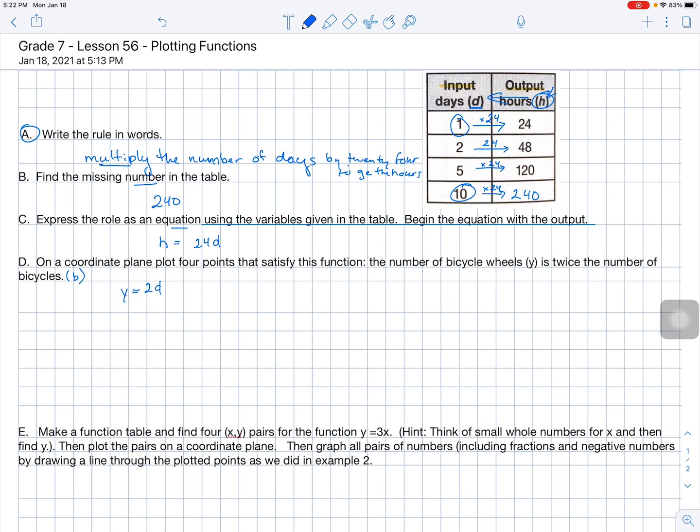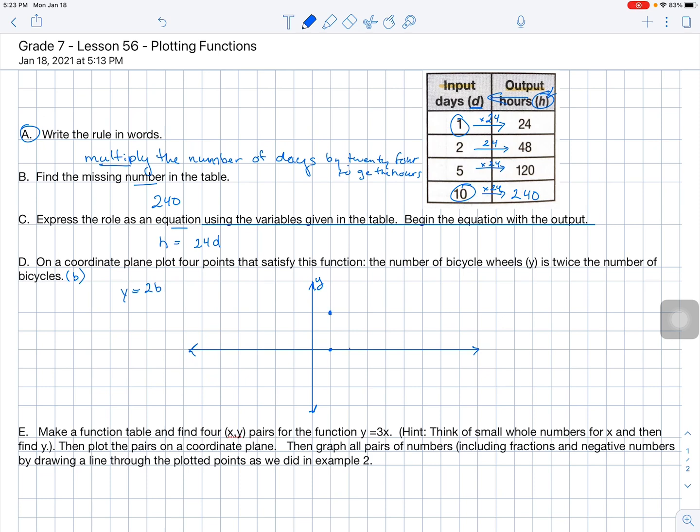Okay, so now we're going to get a coordinate plane set up to show how that would work. So if we grab a coordinate plane, put our arrows on it, right? So this one here has got your Y, and this one's got your, oh, I did D over there, my mistake, it'll be B. So if we have one bicycle, we have 2 wheels.